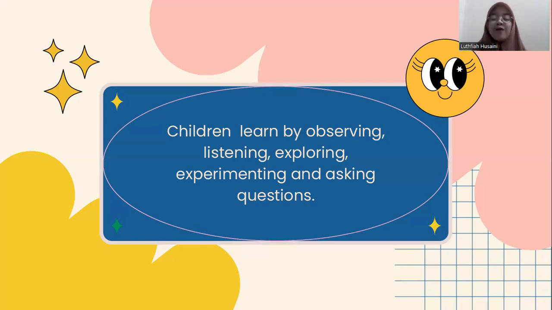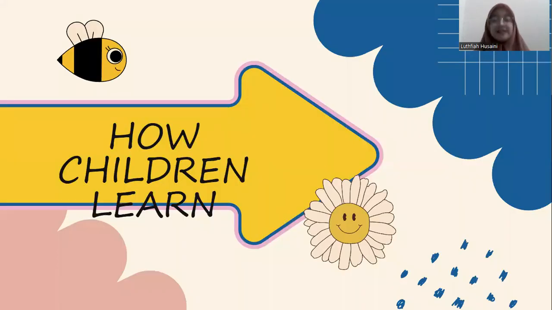So they will ask us a lot of questions, and as teachers we have to explain to them with a proper, good explanation, because if we use a wrong explanation, they will remember it for a long time. So that is how children learn.